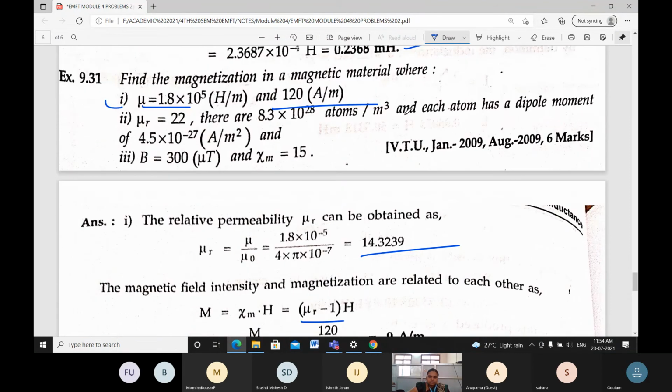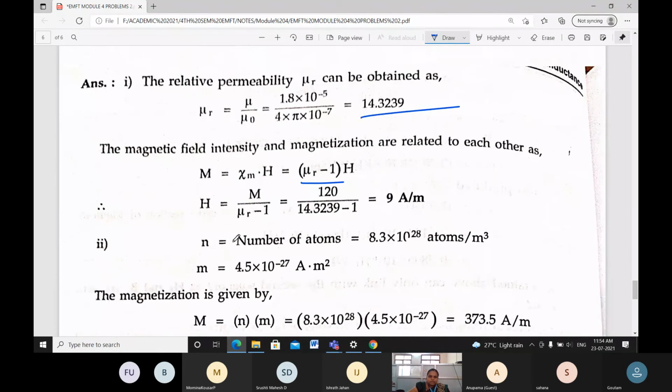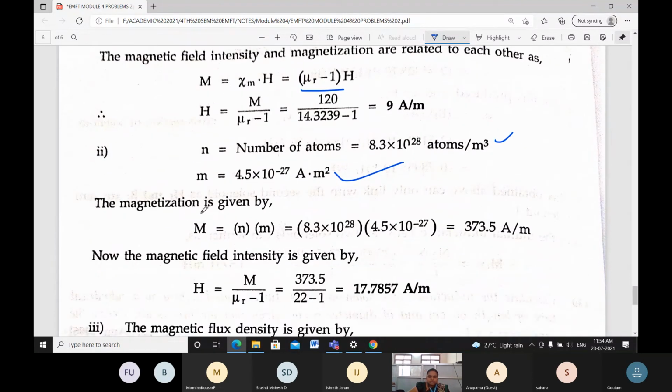Then second case, here it is given that N is the number of atoms, the value is given, and also m is given. Then what is our magnetization? We know N into m. Just multiply those two, you will be getting M as 373.5 amperes per meter. Then magnetic field intensity, again use the same equation, M divided by mu r minus 1.